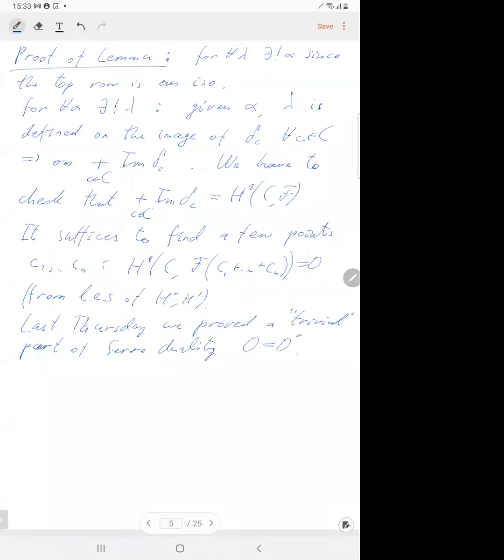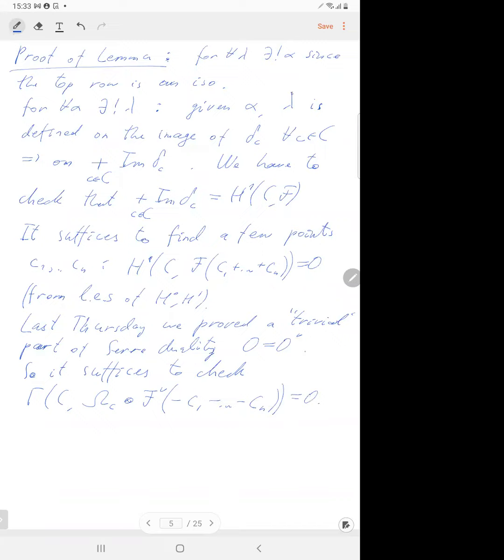Okay, so it suffices to check that the global sections of a twisted dual sheaf, twisted by negative C1 minus ... minus Cn, is 0.